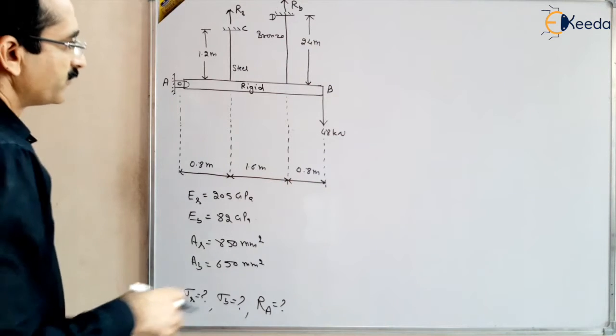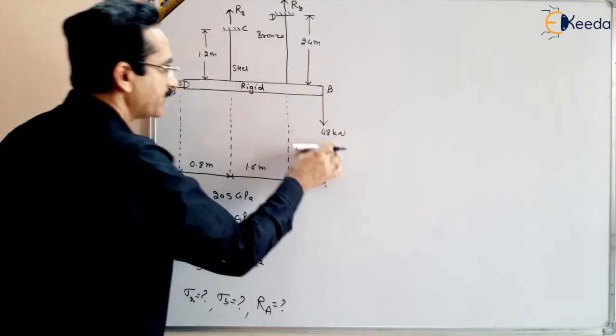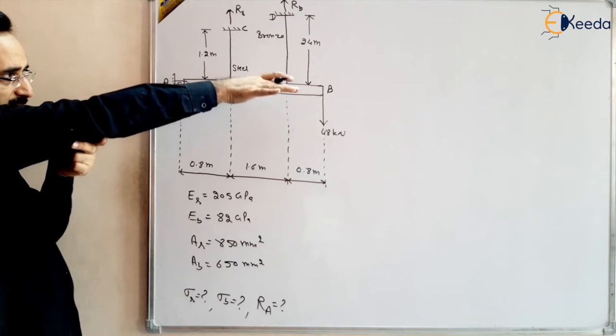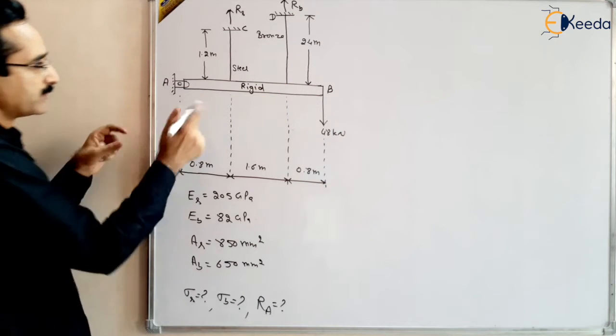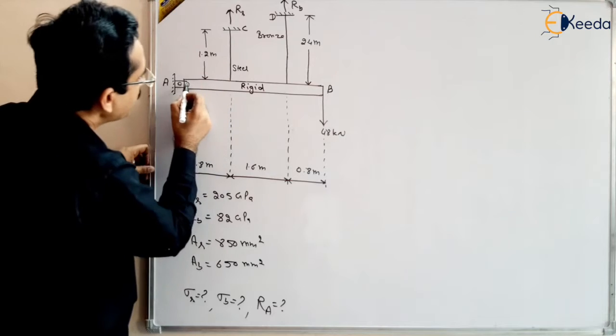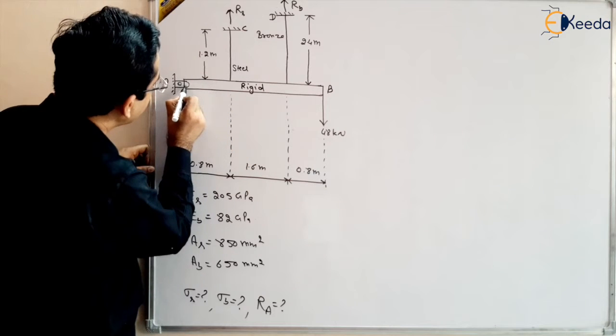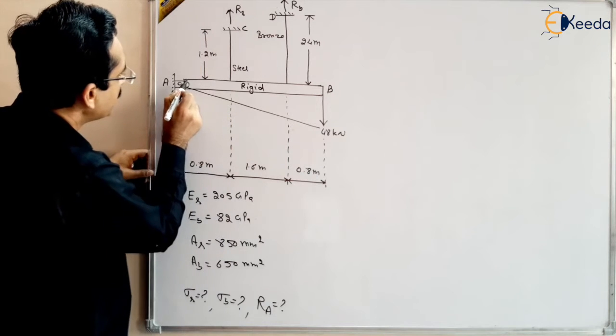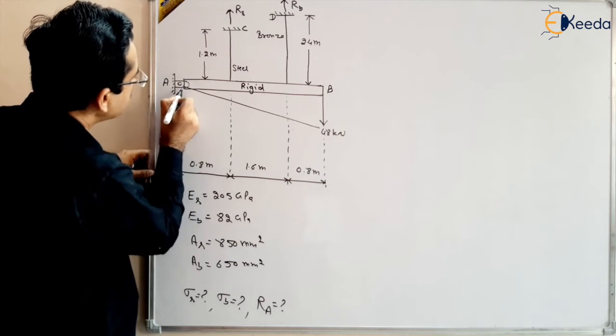So when the 48 kilonewton load is applied, the rigid bar will be deflected in a triangular way like this, right? After deflection, it will remain straight, and the condition will be like this.